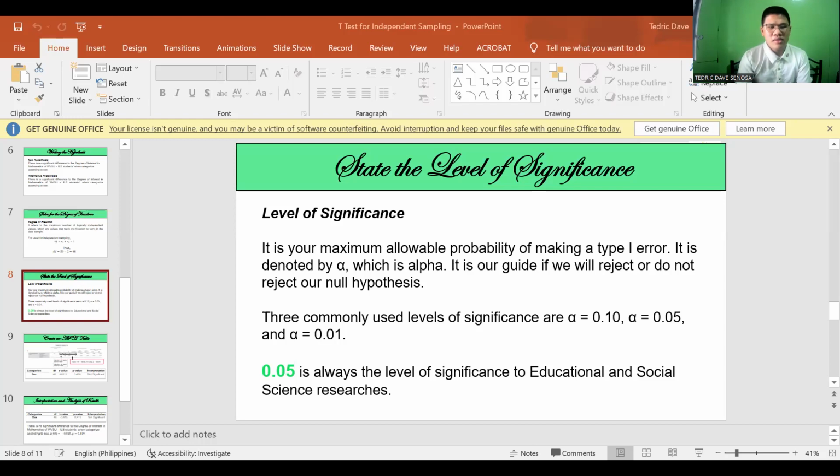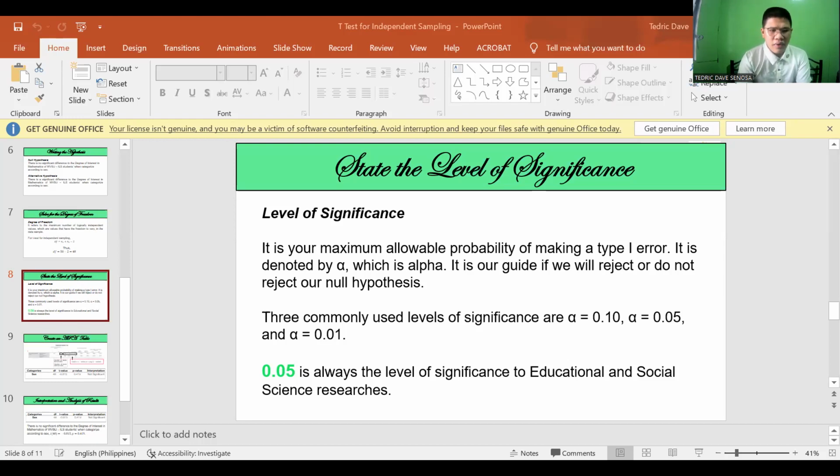You define the groups by clicking define groups: 1 is 1 and 2 is 2. Afterwards, you click OK, and these are your values. So this is your Levene's test for equality of variances.